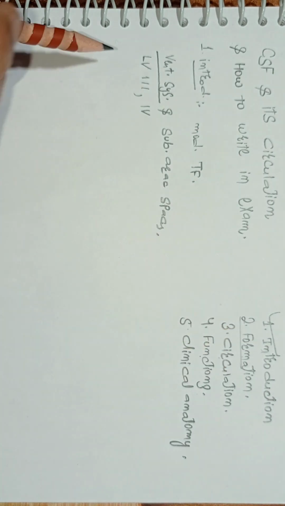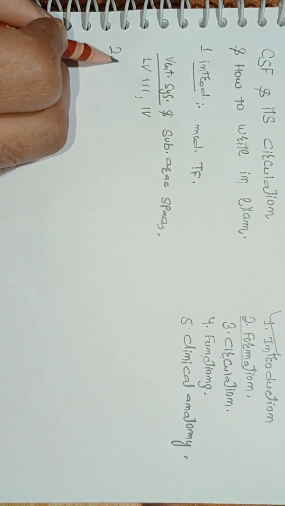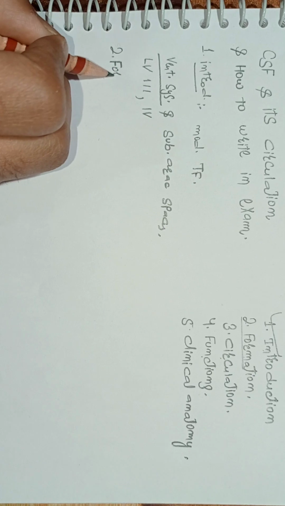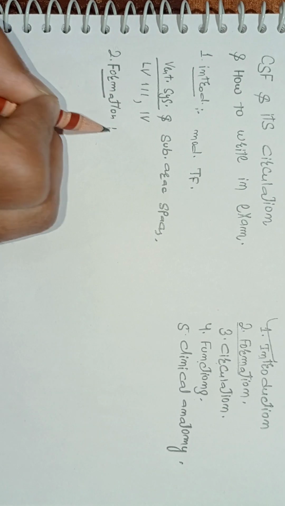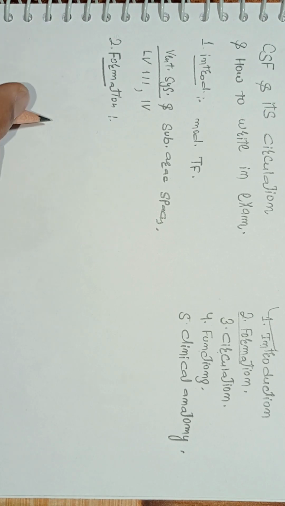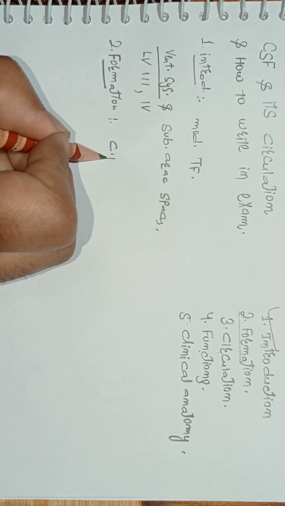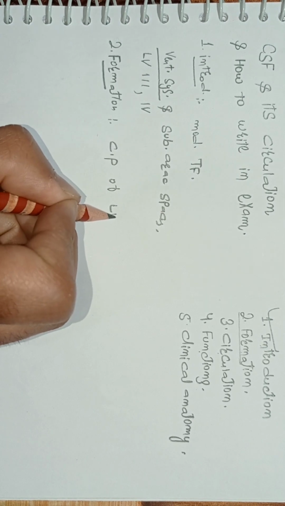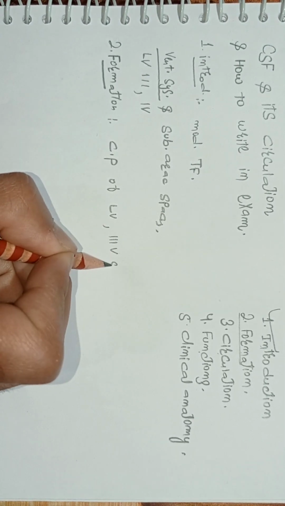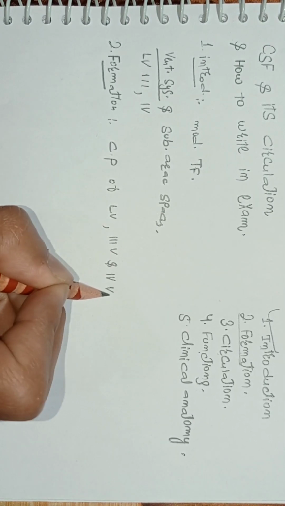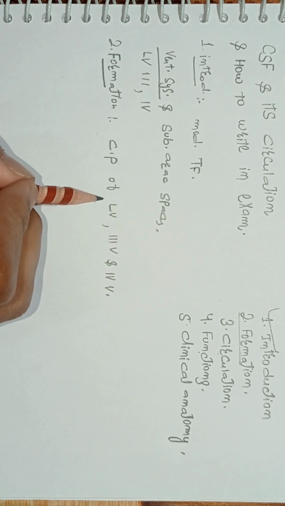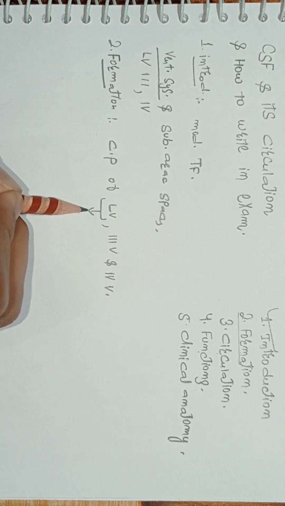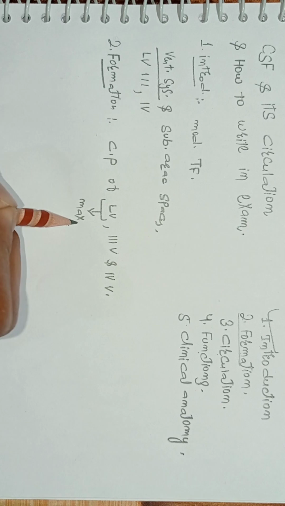Now we talk about its formation. So number second heading is formation of CSF. It is derived from the choroid plexus of the lateral ventricle, third ventricle, and fourth ventricle. This choroid plexus of the lateral ventricle has maximum contribution.